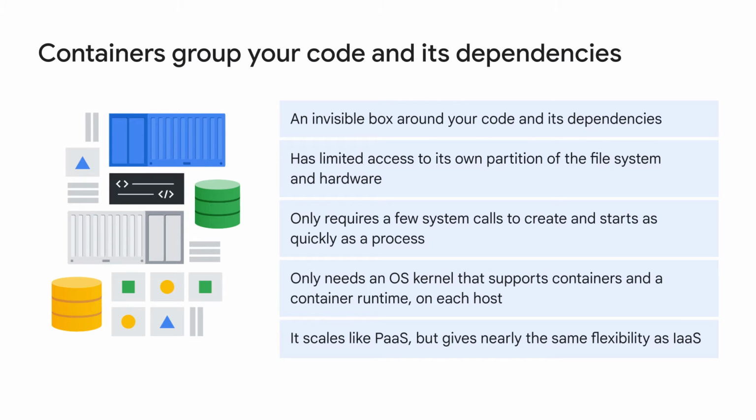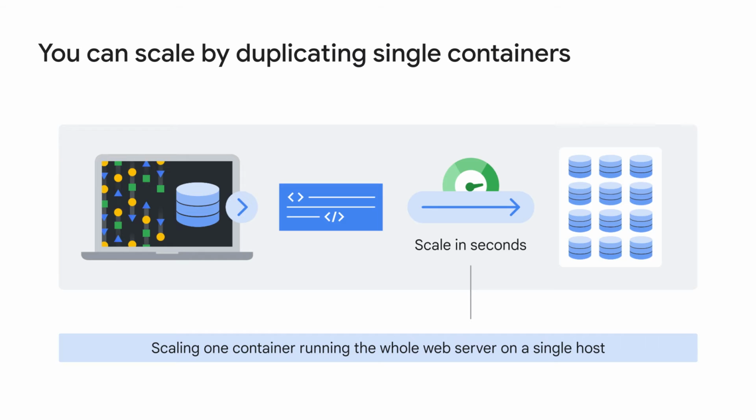It scales like PaaS, but gives you nearly the same flexibility as IaaS. This makes code ultra-portable, and the OS and hardware can be treated as a black box. So you can go from development to staging to production, or from your laptop to the cloud without changing or rebuilding anything. As an example, let's say you want to scale a web server.